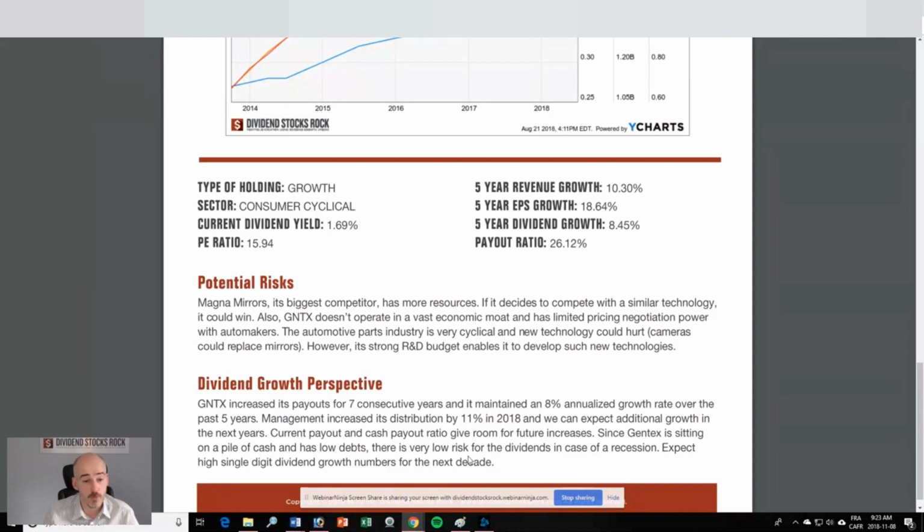And finally, dividend growth perspective. This is where we're going to tell you how many years the company has been increasing its dividend year after year, what to expect in the future. So this one, you can expect high single-digit dividend growth numbers for the next decade. We explain our rationale behind it, so it gives you a little bit more information on how we use the DDM in order to calculate our valuation at the same time.